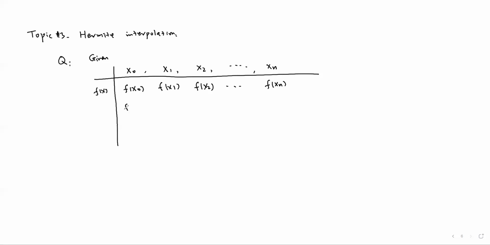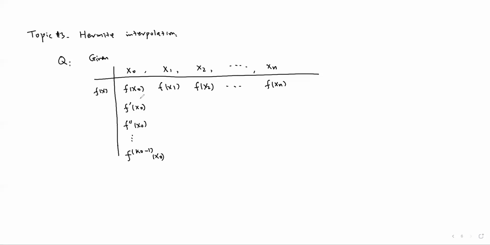Say the first derivative given, second derivative given, and derivatives of higher order. Say K0 is an integer greater than or equal to 1, minus 1 given.